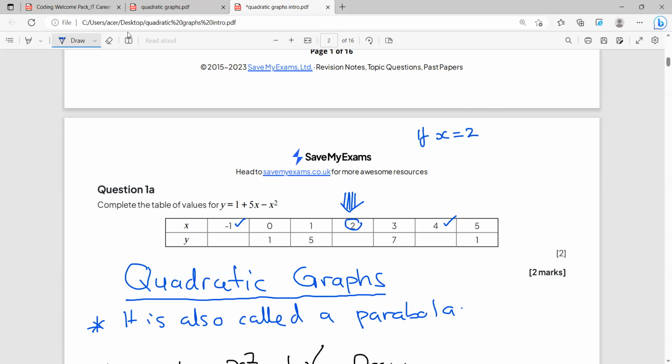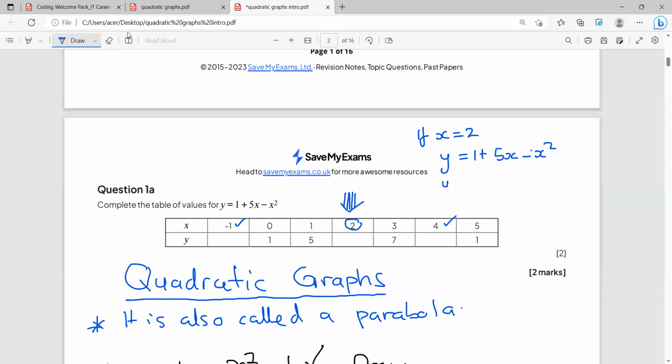And the way I do that, I need to write the equation. y is equal to 1 plus 5x minus x squared, right? That's our equation. If you give it x, you get the y values, right? Yes, sir.